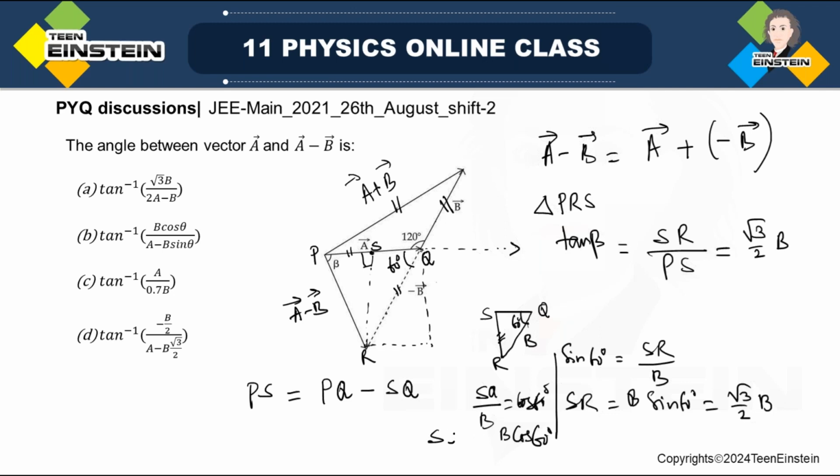Then PQ is nothing but A. So PS is A minus B by 2.